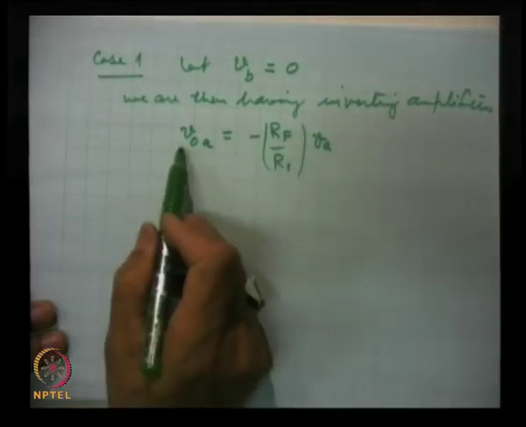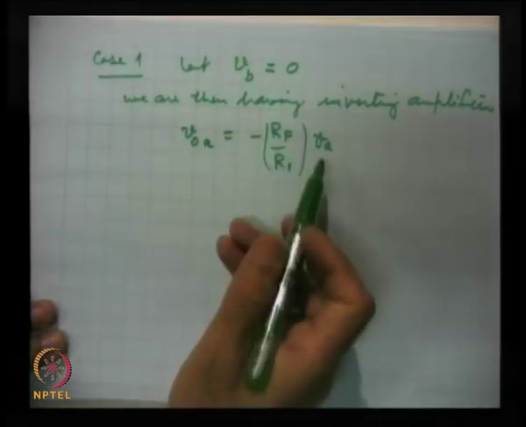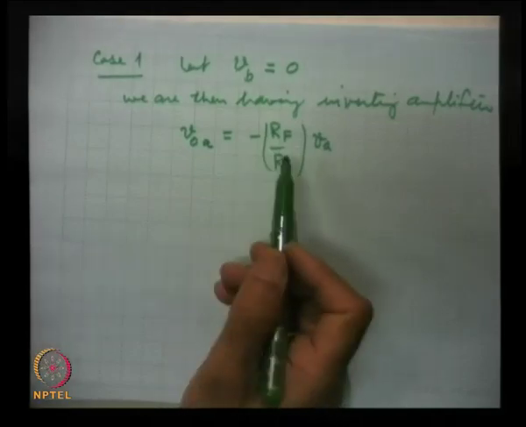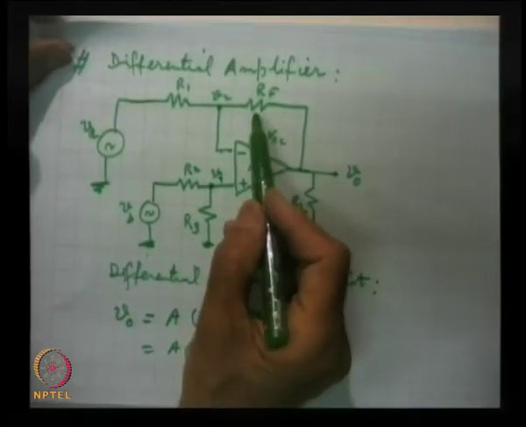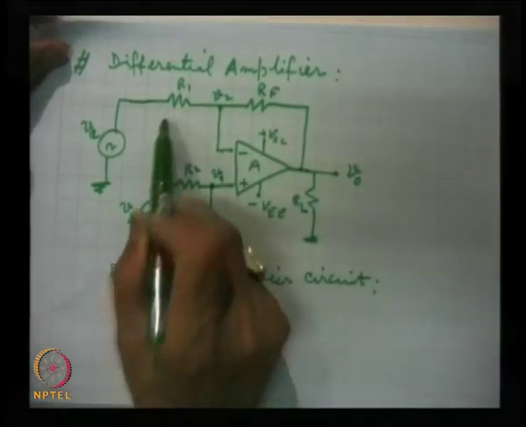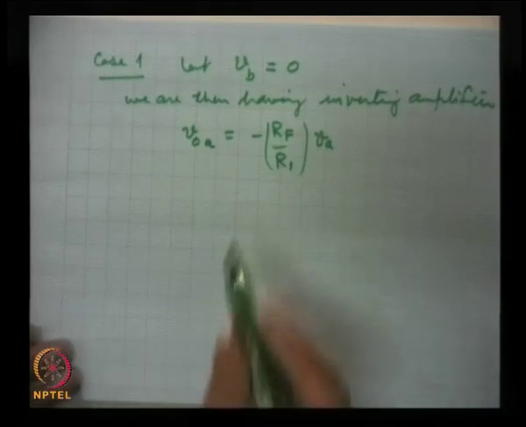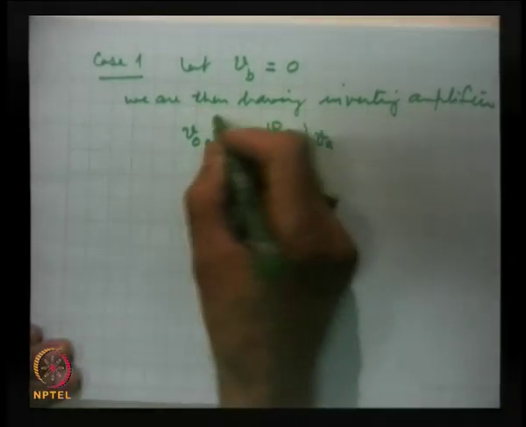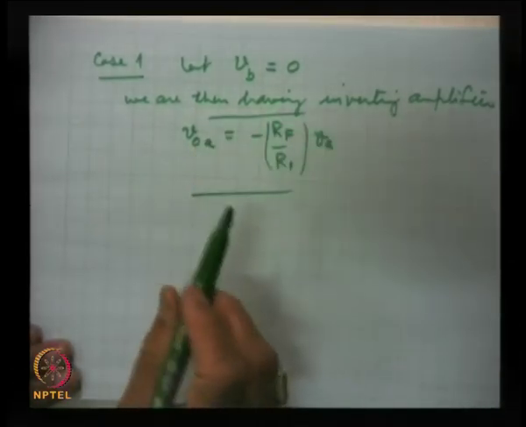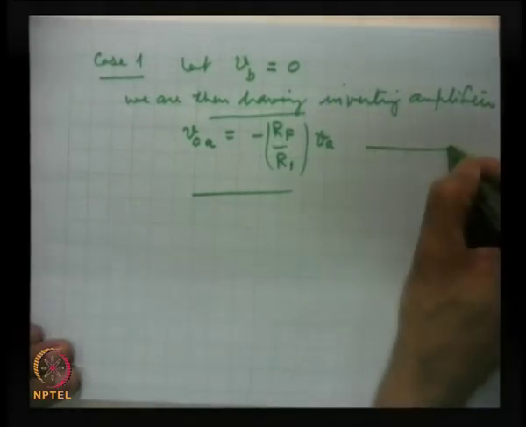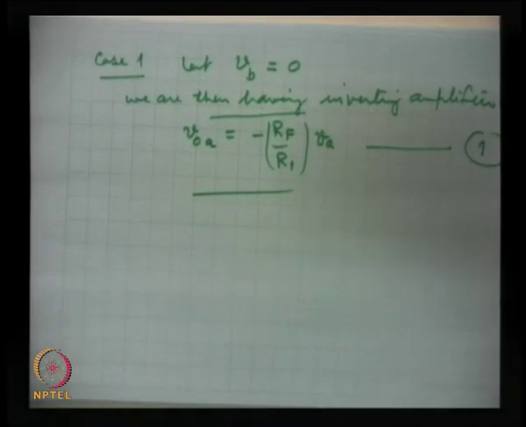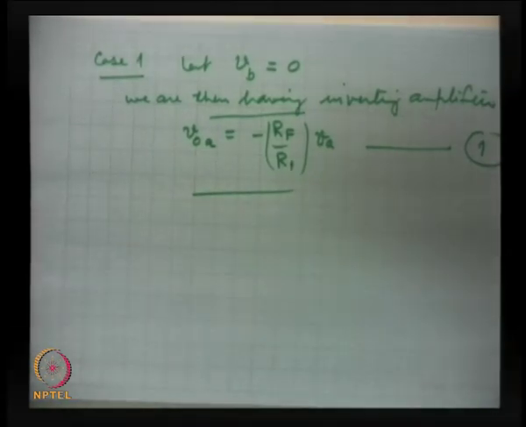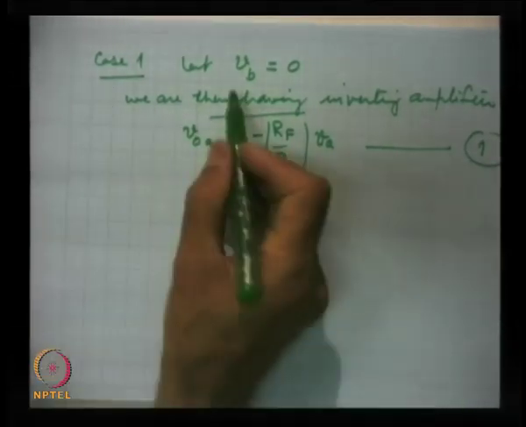Gain is VOA by VA, which is equal to the ratio of the two resistances, RF by R1, and this is what the gain is for an inverting amplifier. So this is because of the first signal source VA active and VB grounded.